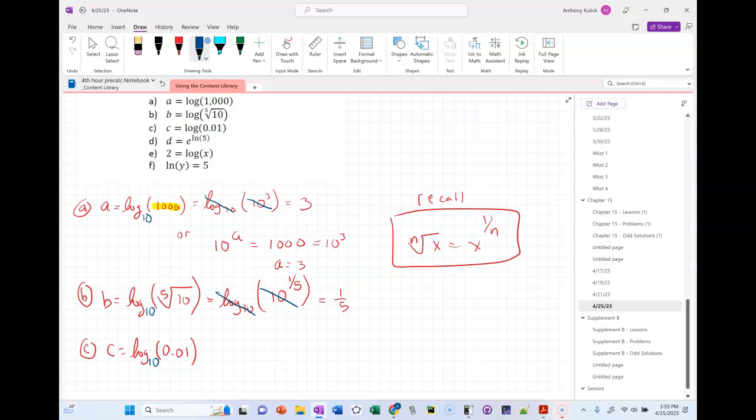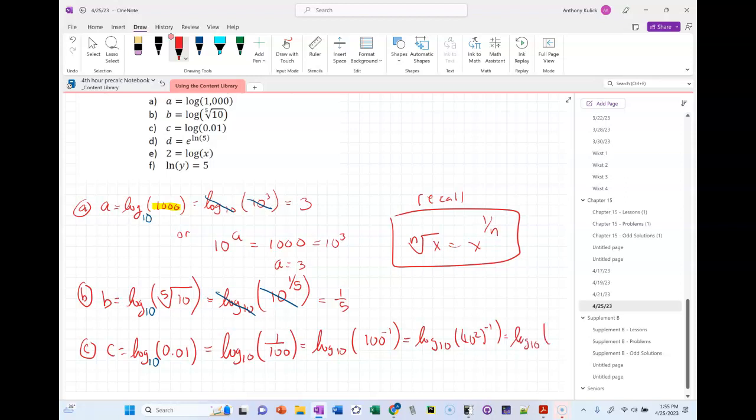Once again, I observe that this is log base 10. 0.001 is 1 out of 100, right? I know that's the same thing as 100 to the negative 1. 100 is 10 squared.